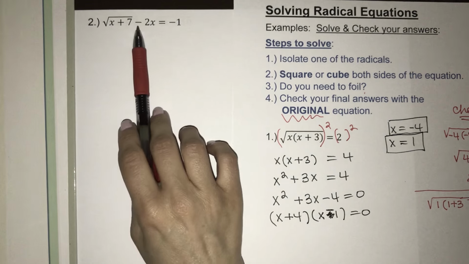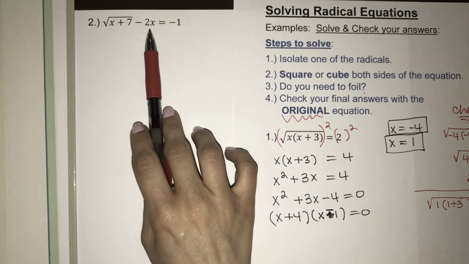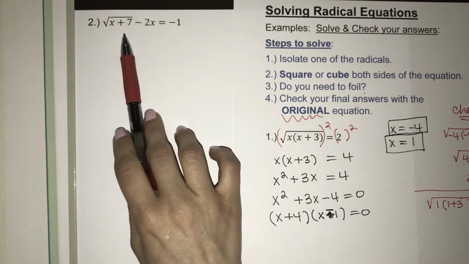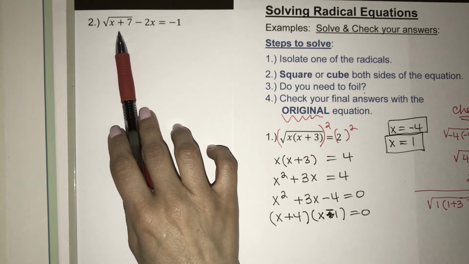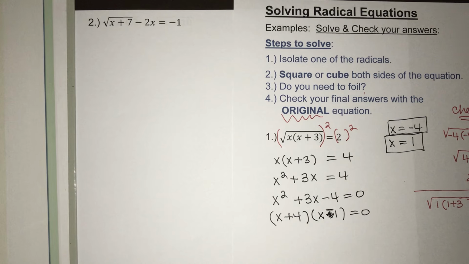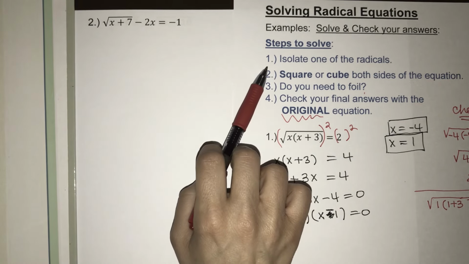If you look at the left side, notice that you have your radical and then we have minus 2x. Because of that minus 2x, this radical is not isolated. So you have to get the radical by itself without plus or minus other stuff, which means I need to do the first step.